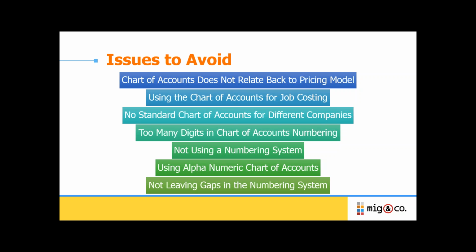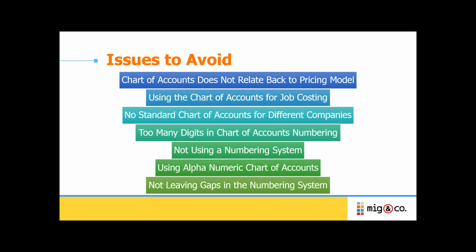Now you can use numbers and letters in your sub-accounts to give you a visual reading of what segment of your sub-account you need. So in the case I had before, your EVs were all your events. So I know that's an EV event cost center that I'm posting my expenses to.